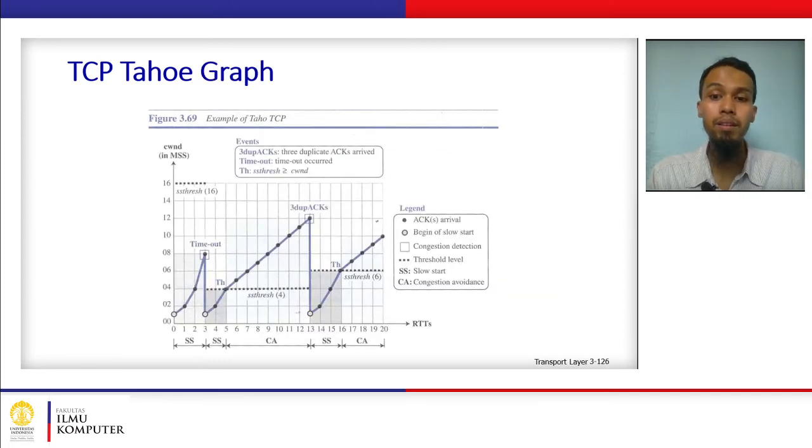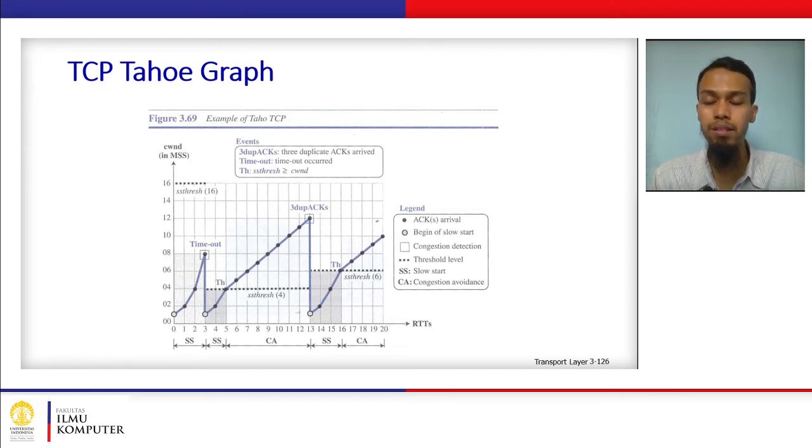Now let's see the graph, how the congestion window evolves in TCP Tahoe. We start from the slow start state, 1, and then increase to 1, 2, 4, 8, and then a timeout is detected here, and it will start again from 1, the congestion window equals 1, and then we grow.